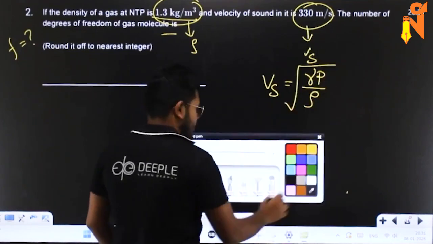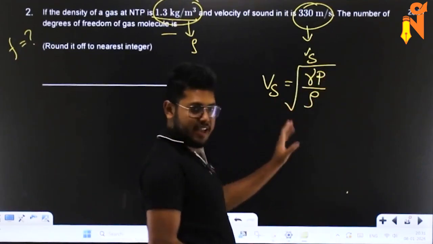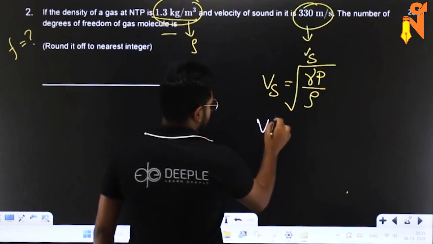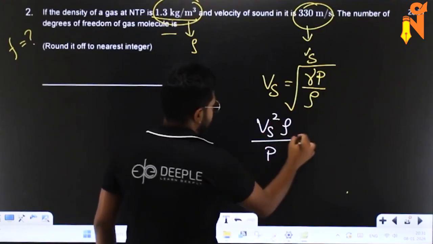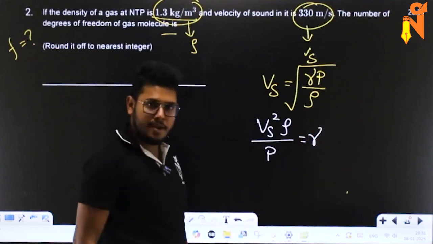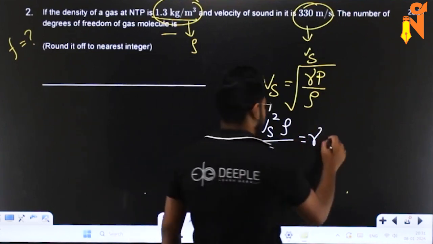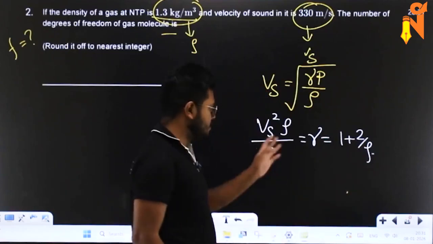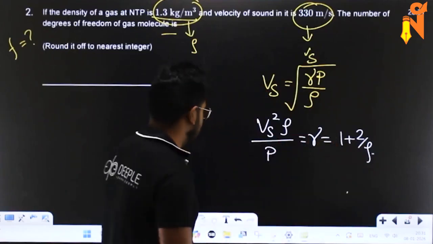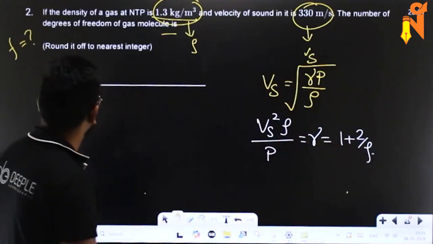Now if I try to simplify that, what do I get? Vs square into rho by p, that will give me gamma. And we all know gamma is nothing but 1 plus 2 by f. Now you can just simply solve this by putting the values here.